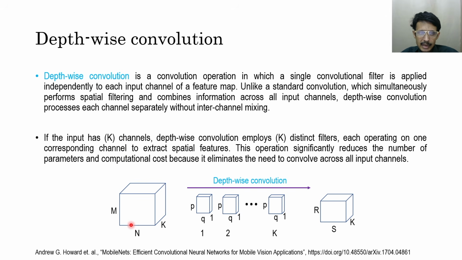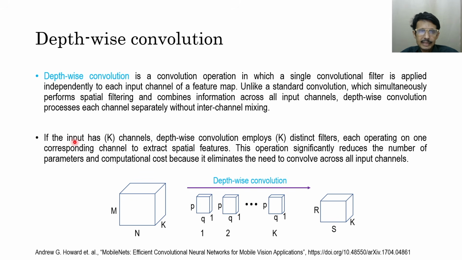This is the image M by N into K, where M and N are height and width, and K is the number of channels. Depthwise convolution means there are K filters, and every filter is P by Q by 1. So this channel is a single dimension. It's a P by Q, it's another P by Q, and how many numbers?